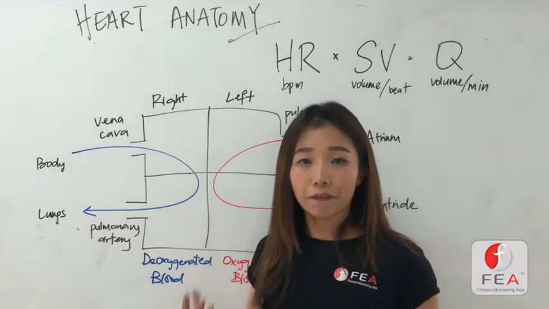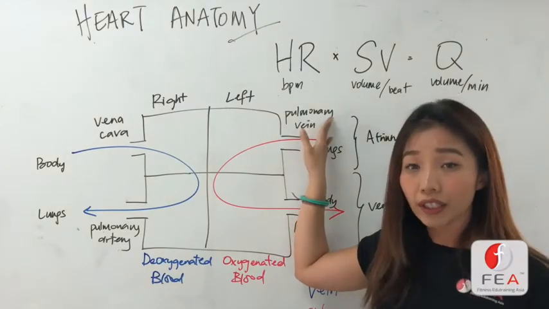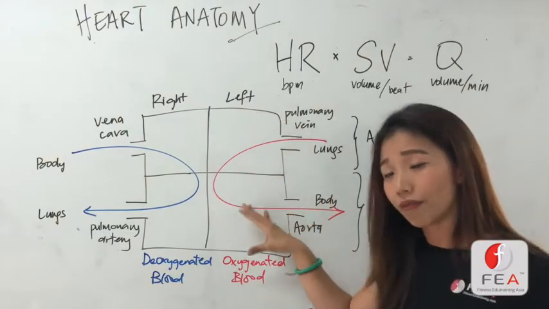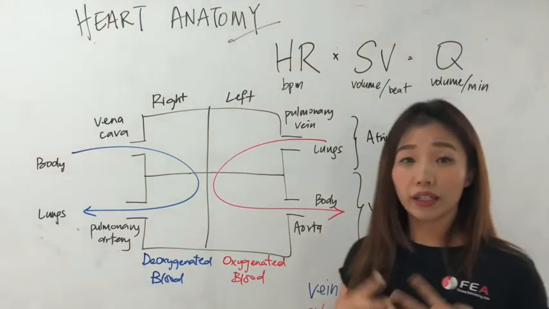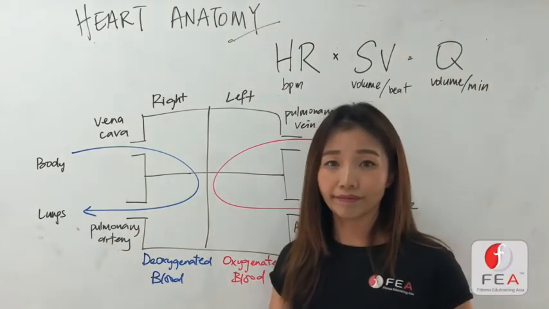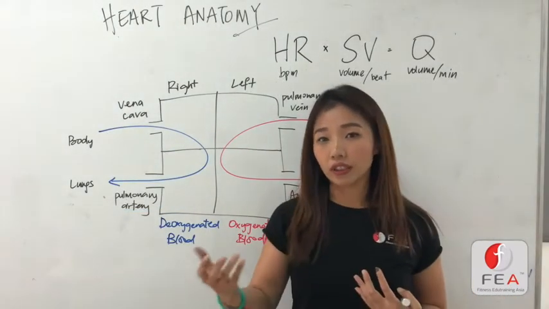Once it collects fresh oxygen, it comes back into the heart through the pulmonary vein, into the left atrium, to the left ventricle, and then out from the aorta, and now it's going to go through everywhere else of the body.